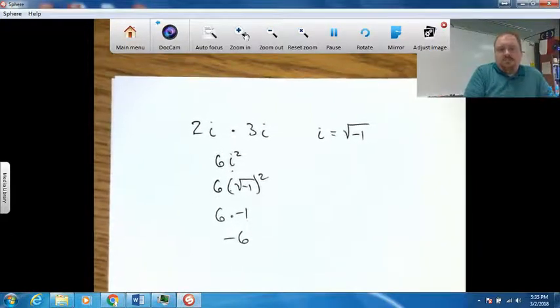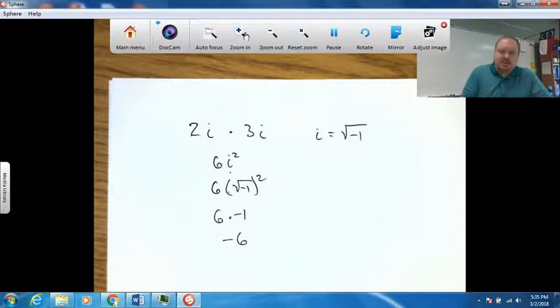Now, the other thing to remember is imaginary numbers come about because we're taking the square root of a negative number. And the only way we really run into those is if we're using the quadratic formula. We don't get them from factoring or anything like that. They come from the quadratic formula. And the quadratic formula has a plus or minus sign.